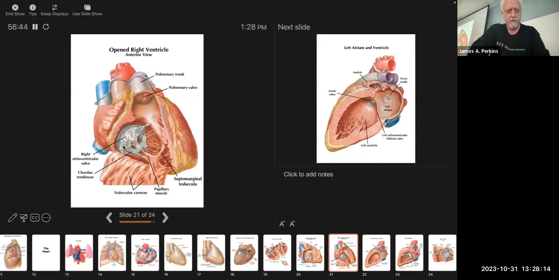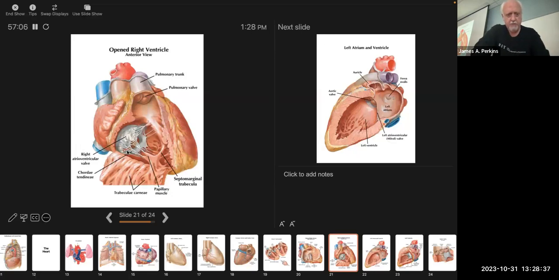The right atrioventricular valve is sometimes called the tricuspid valve because it has 3 cusps, also known as leaflets. So 3 leaflets, also just called flaps, the 3 distinct flaps or cusps of this valve.